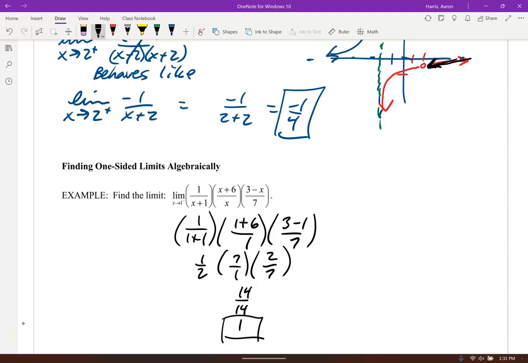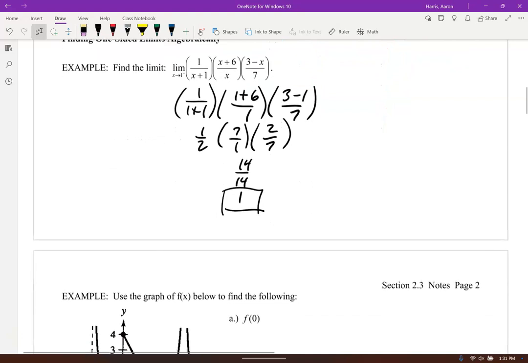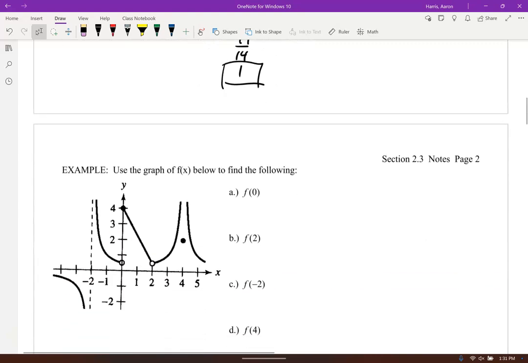So that's approaching 1 from the left. So even though there's a one-sided limit, we can still plug the 1 in, just like we did before. I guess what happens though when we plug it in, we get a 0 in the denominator. Well, frankly, that's not going to happen in this section, so we'll look to that in the next section. But there are special ways of handling that.